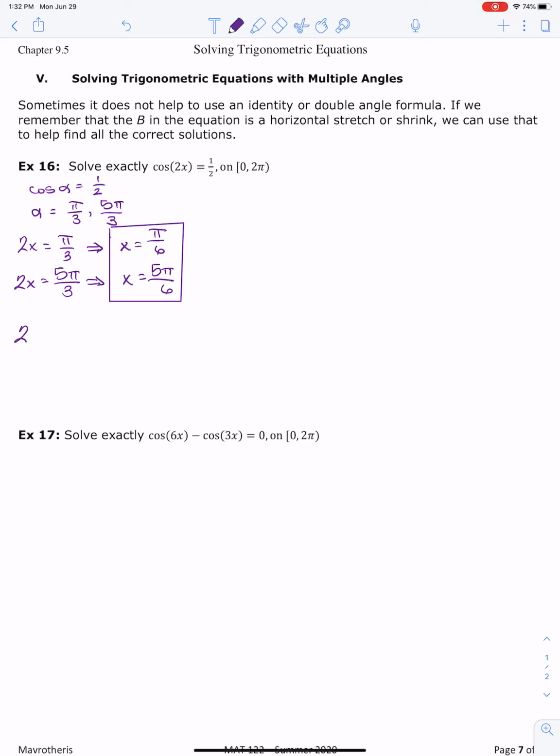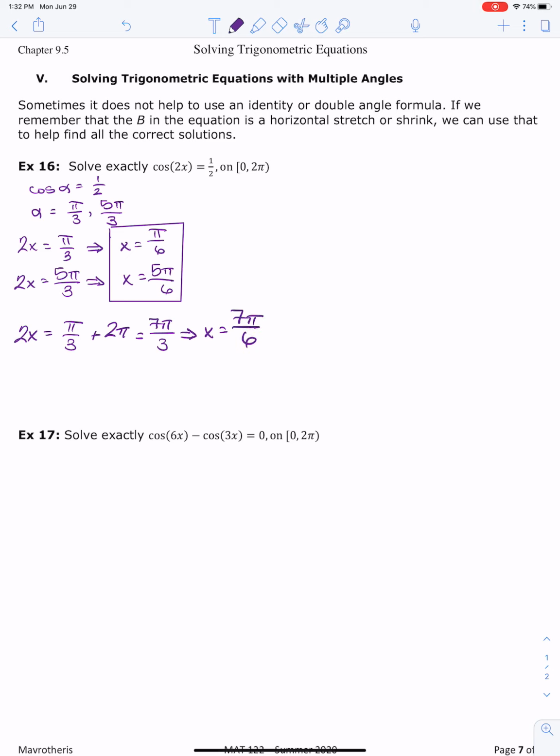Okay, so my 2x, I'm going to start with my first angle, pi over 3. I'm going to add 2 pi to it. I get pi over 3 plus 6 pi over 3, that gives me 7 pi over 3. If I divide both sides by 2, I get x equals 7 pi over 6.